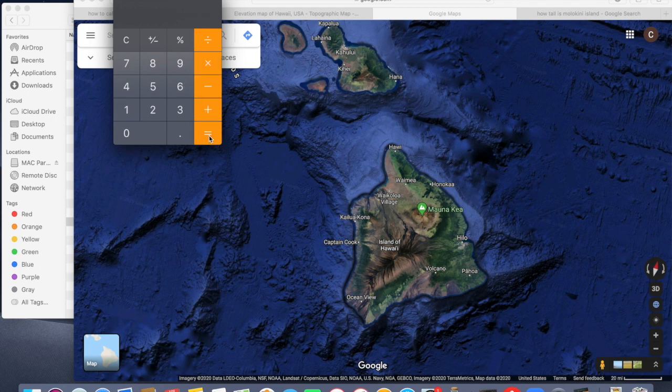We get 4,761. Multiply that by 2/3, 0.66666. We get 3,173 feet. Whoa, that's a pretty big number if I'm only standing at 2,000 feet. And Molokini is only 160 feet tall, but I see more than just the top of it.